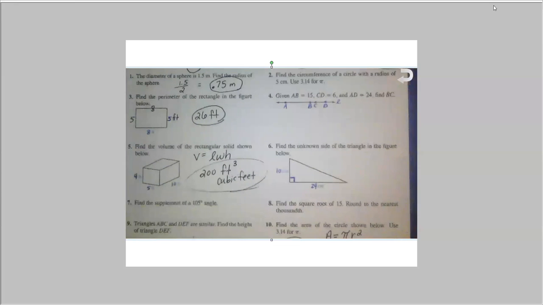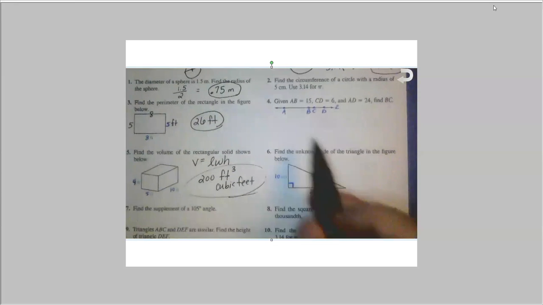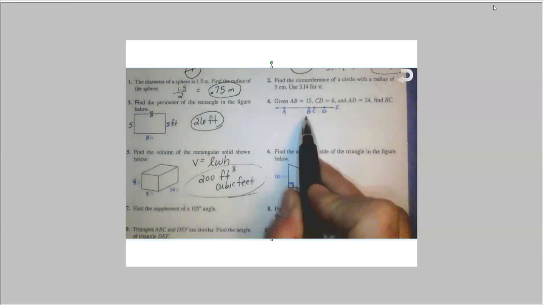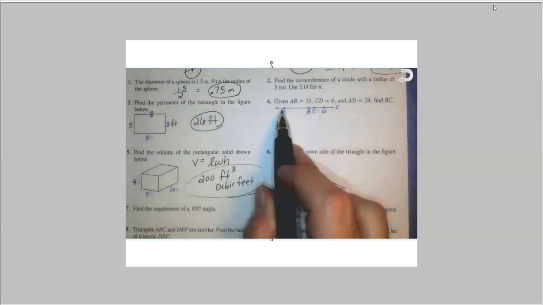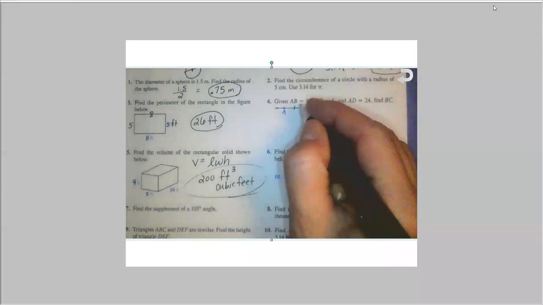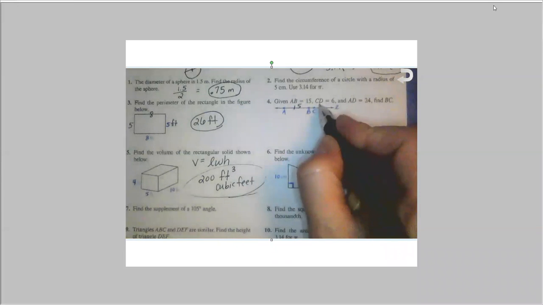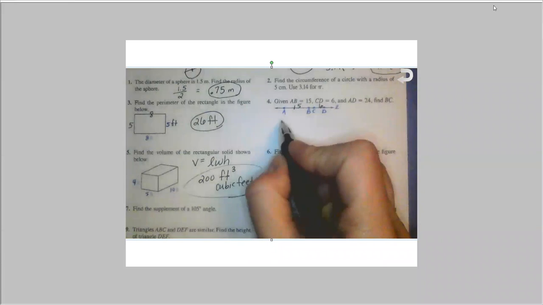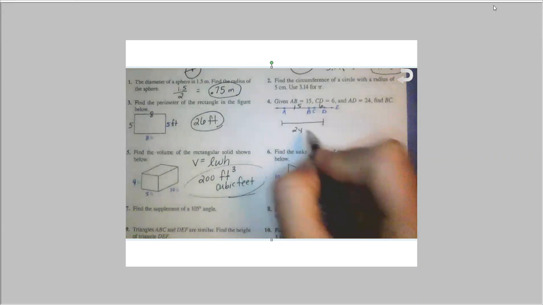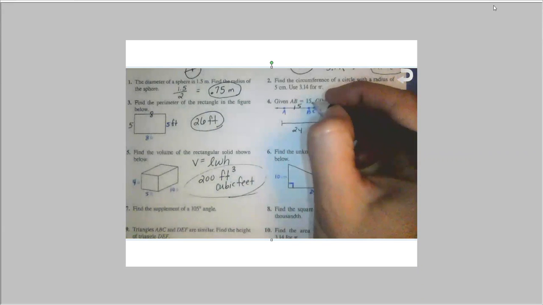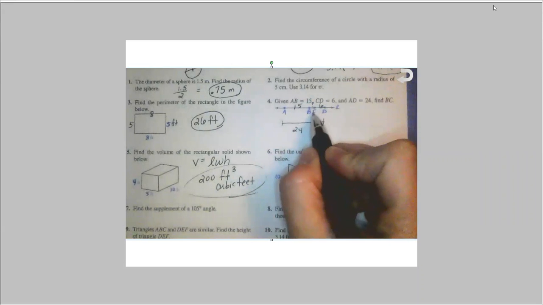All right, let me back up to number 4. We have a line L and 4 given points on that line. We're told that the length from A to B is 15, from C to D is 6. The entire length from A to D is 24. And the question asks, how much is this little section BC?